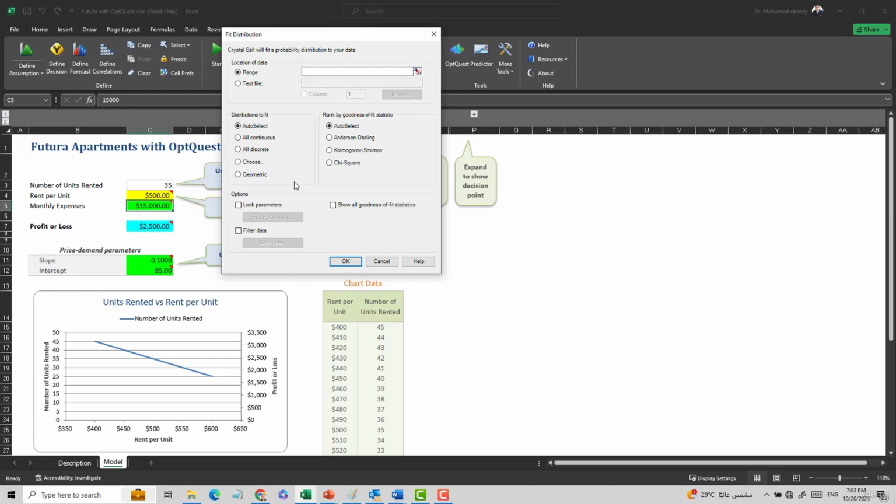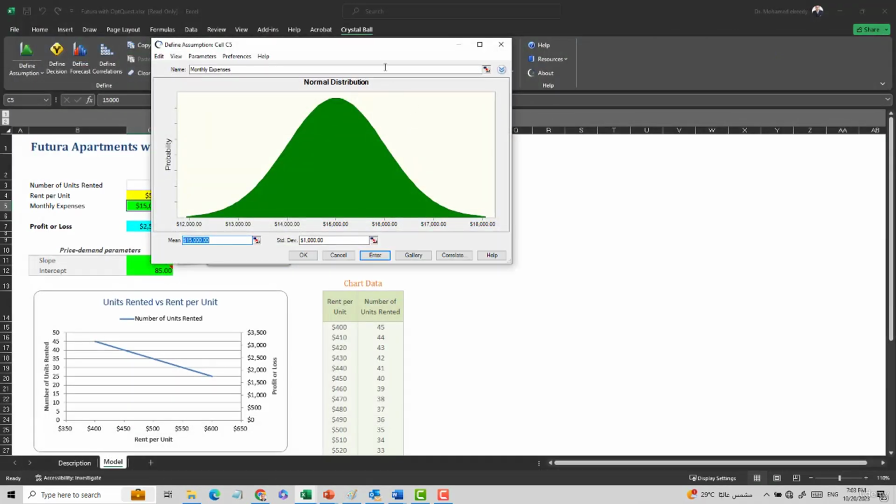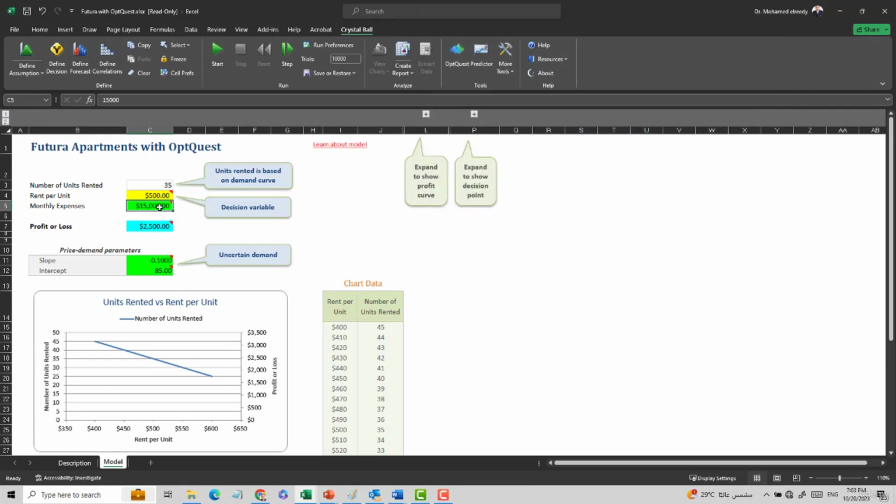For example, I don't know the probability of the monthly expenses for the apartment, but I have a history: every month's expenses, for example for 1 year, 2 years, 3 years, 4 years.